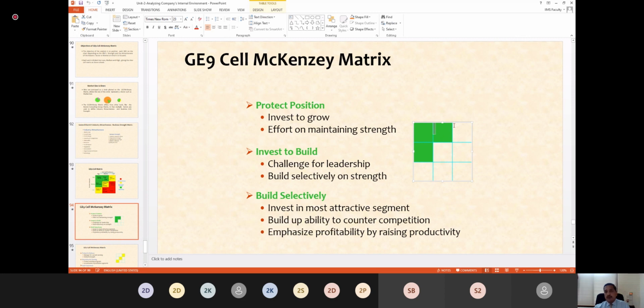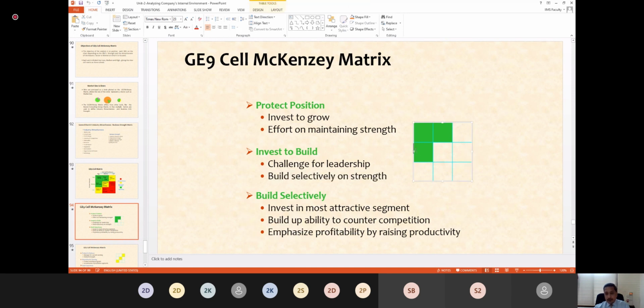However, the business has very high strengths which can be utilized, and making the best use of all the available resources for taking benefit of those opportunities is a challenge for the business. So build selectively on strengths so as to take the benefit of all those opportunities.